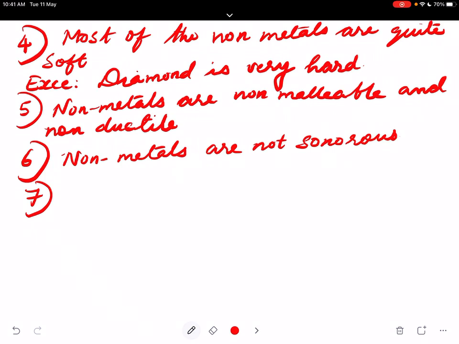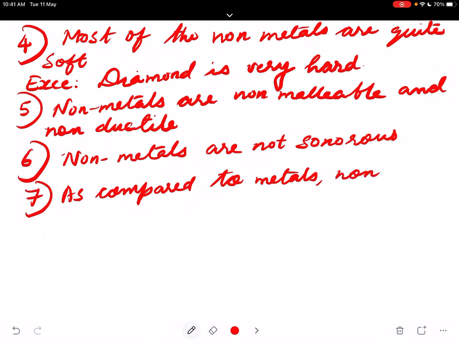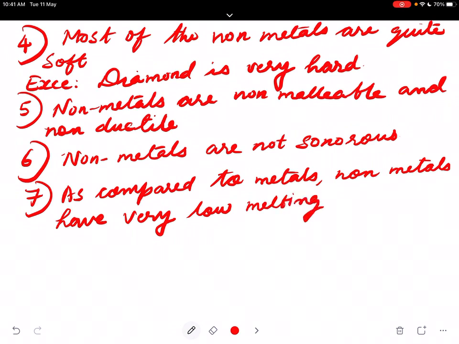But just opposite to that, as compared to metals, non-metals have very low melting and boiling points.